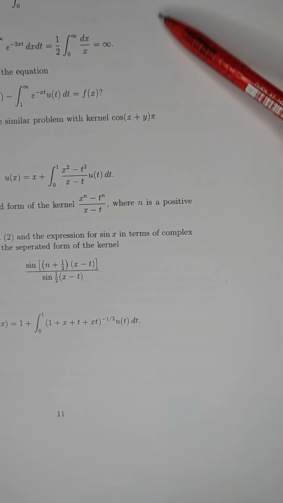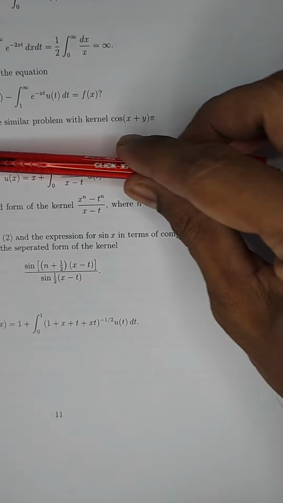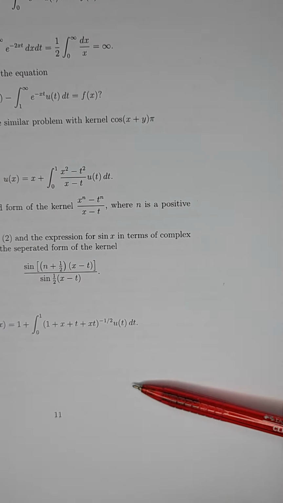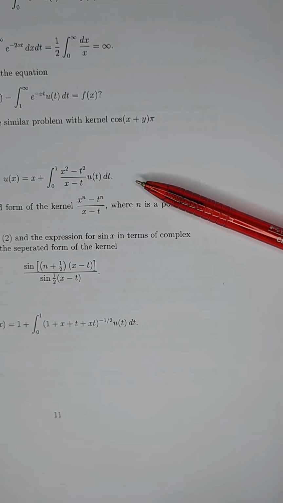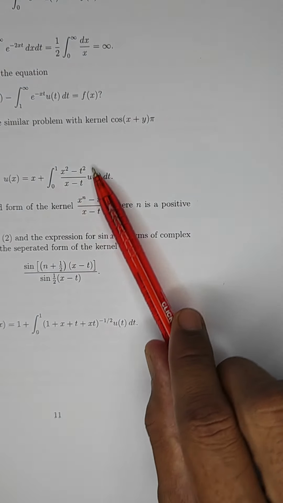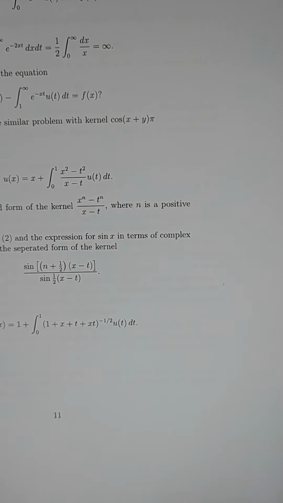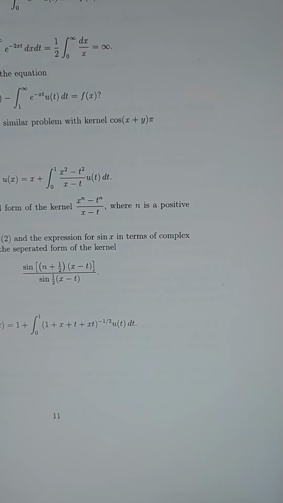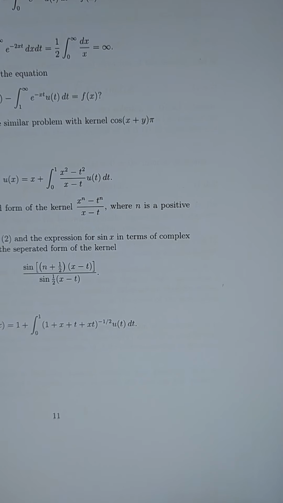There are also some exercises that you can try using the separable kernel. This is obvious, you can separate that. This is also separable, as well as others. So try this as an exercise.